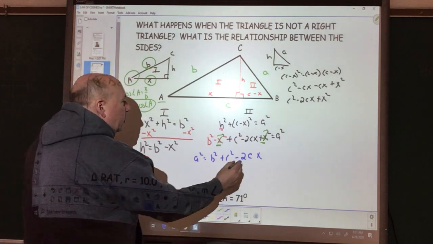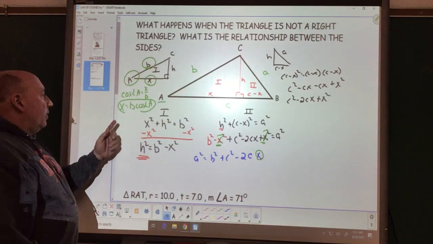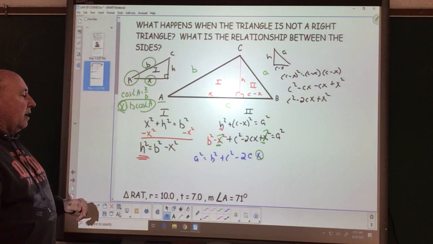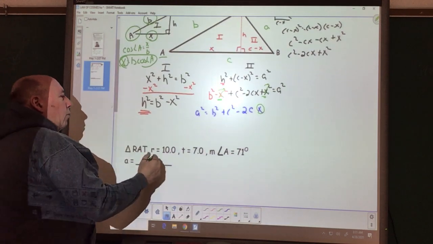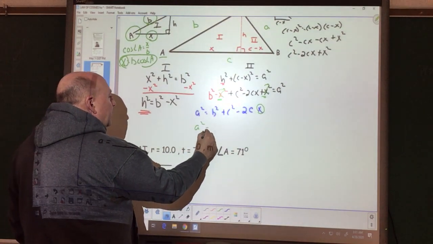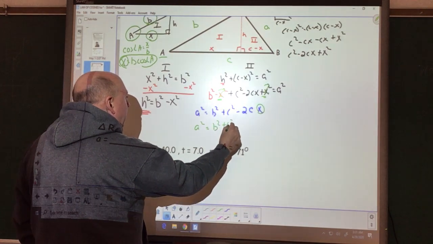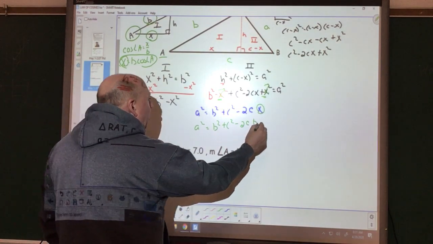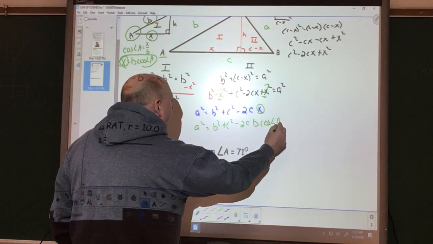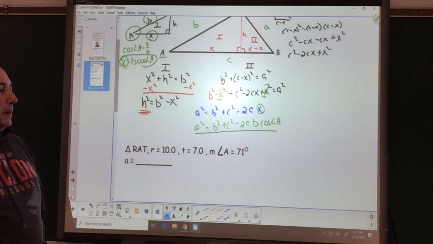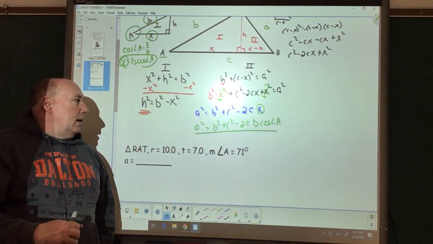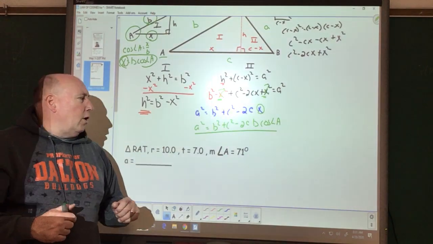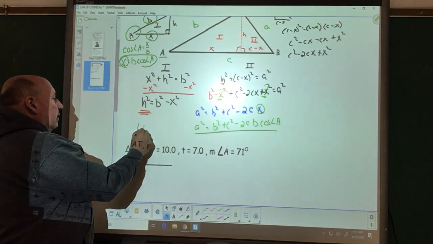And that's what we're going to substitute in down here. This X is the same as this X, which is equal to B times the cosine of angle A. So what we're left with is A squared is equal to B squared plus C squared minus 2C times B cosine of angle A. This gives us what we call the law of cosines.